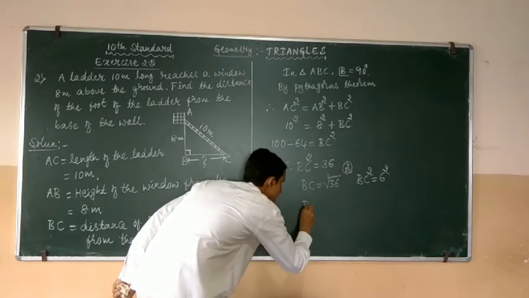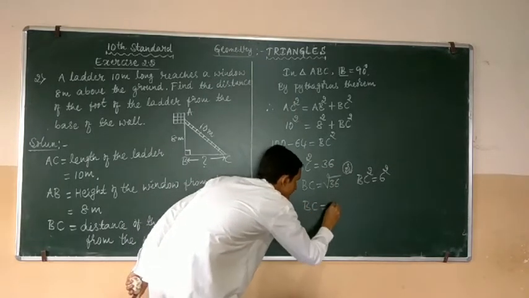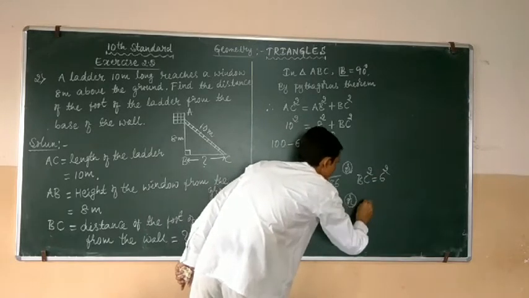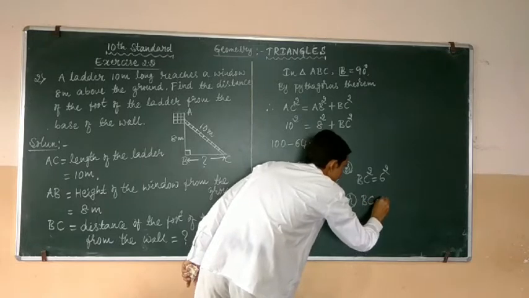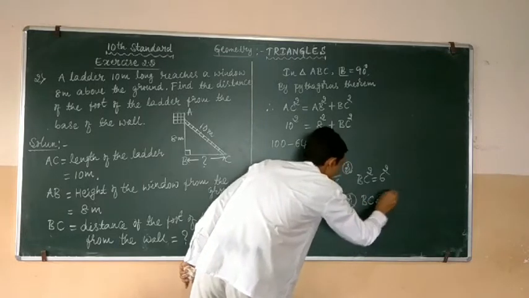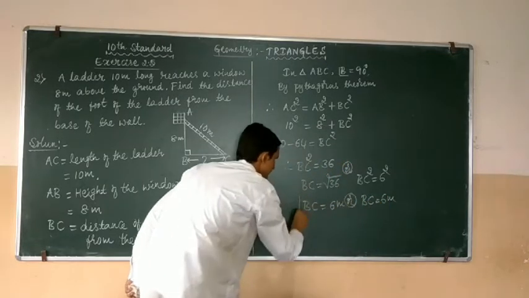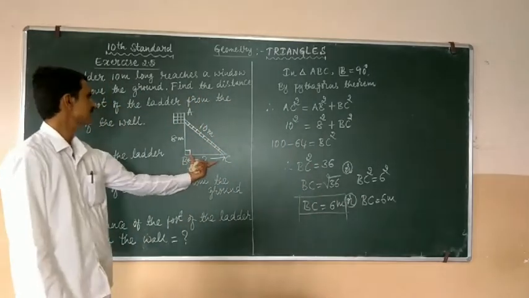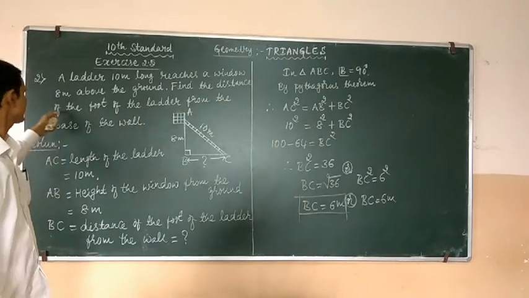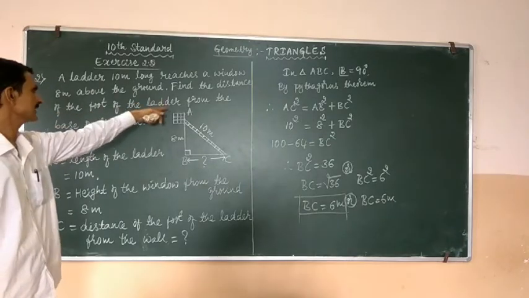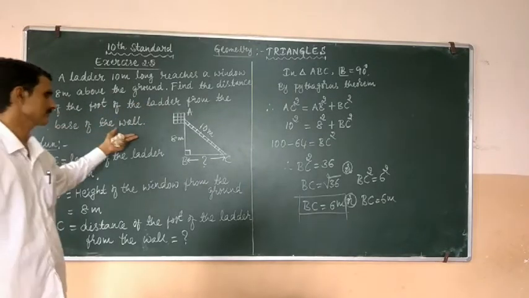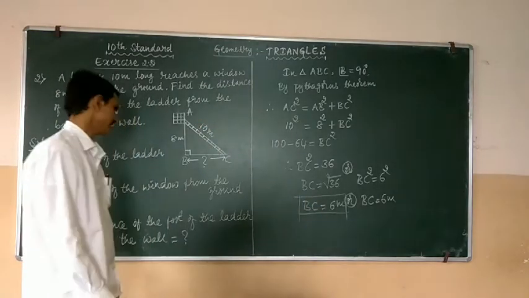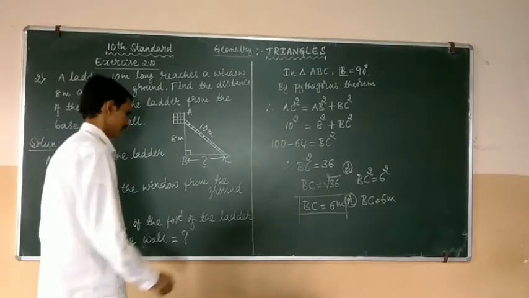So BC equals the root of 36, which is 6 meter. Therefore, the distance of the foot of the ladder from the base of the wall is 6 meter.